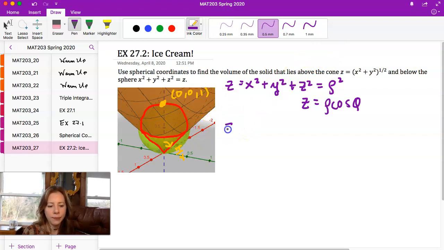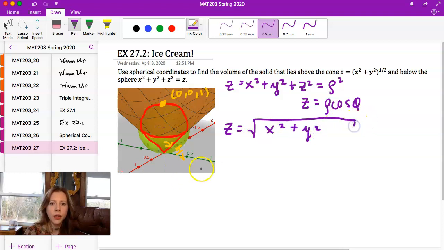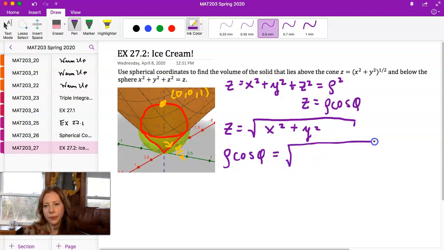We have z equal to the square root of x squared plus y squared. Let's rewrite z as rho cosine phi. That is going to be equal to, now r is meaningless to us in spherical coordinates, so x squared plus y squared equals r is not going to help us.